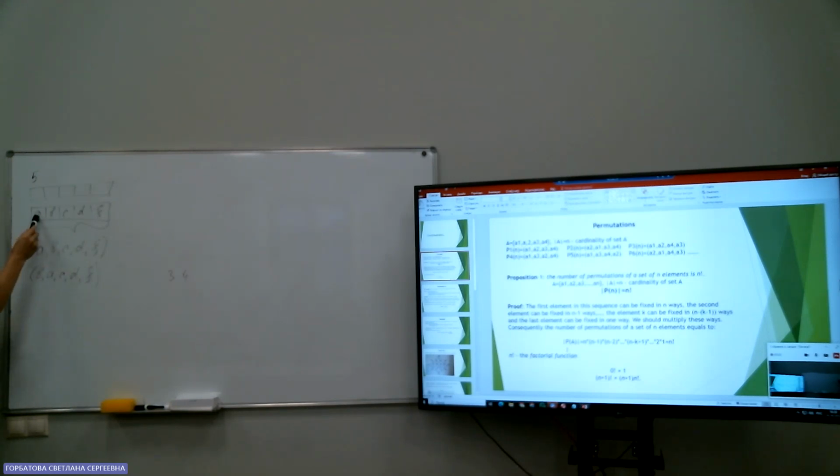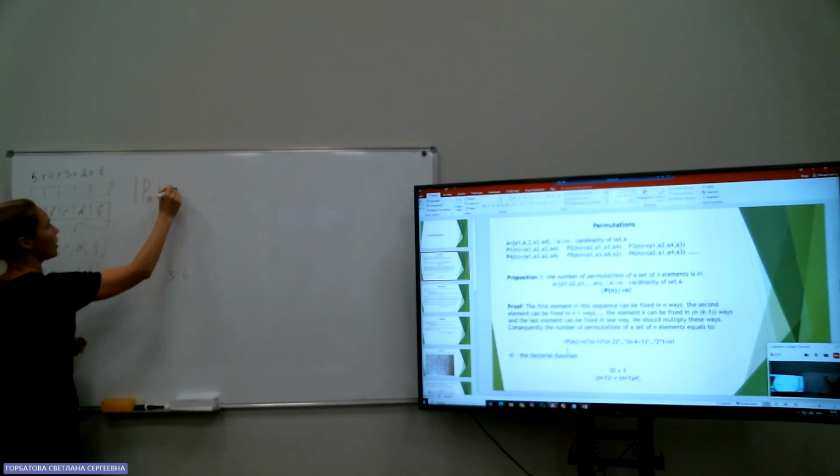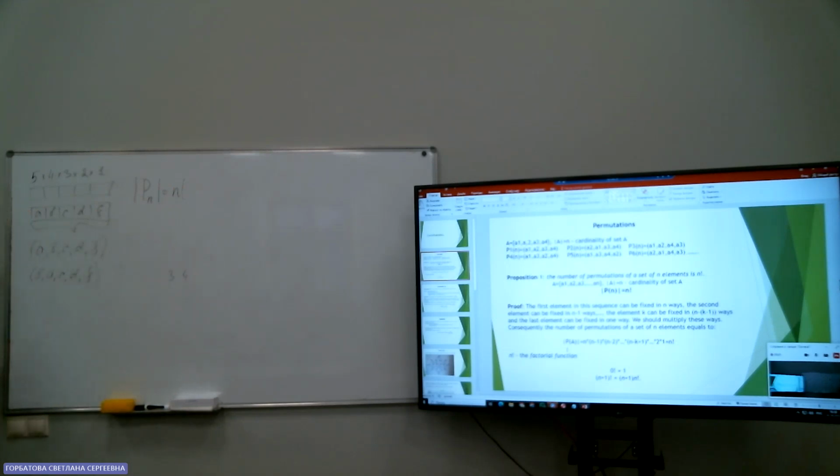Yes, because one of elements already here. So 5 multiplied by 4. The third box, n minus 2 elements. It is 3 and so on, 2 multiplied by 1. And so the number of all permutations of n elements, it is n factorial. N multiplied by n minus 1 and so on, multiplied by 1.